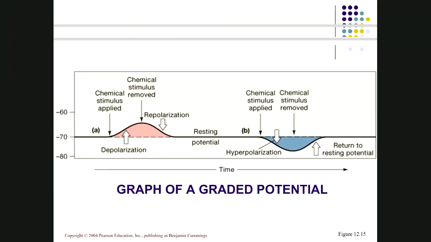So if you look at the graph of a graded potential, it looks like this. So look, there's resting potential, and right here's where the stimulus was applied. Look, chemical stimulus. So what kind of channel opened here? Was it chemical or mechanical? Chemical. And what ion is going to go through it?